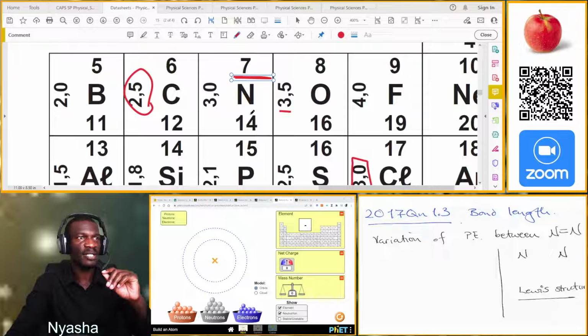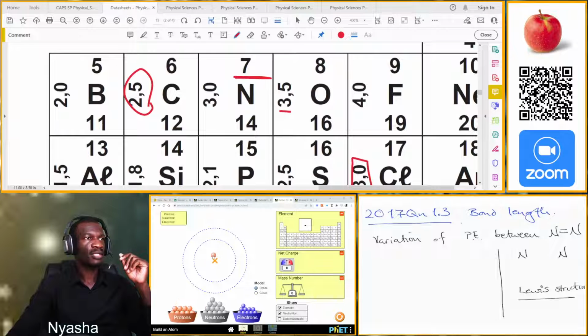So it has 14 nucleons, which means the number of protons plus the number of neutrons should become 14. So we can take our protons: 1, 2, 3, 4, 5, 6, and then 7.